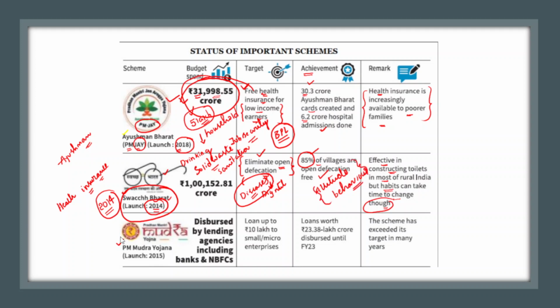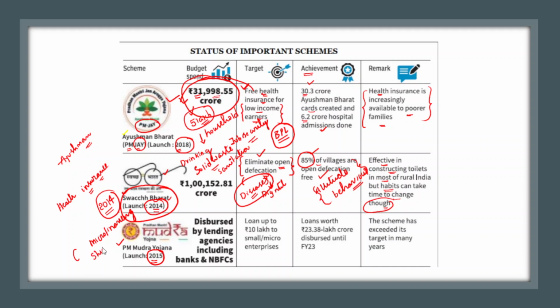After that, the government has also launched the Mudra Yojana program, and this program was launched in the year 2015. So what is this Mudra Yojana? This is a microfinancing program that has been launched by the government in 2015. Under this Mudra Yojana, loans or institutional credit will be provided under three categories.